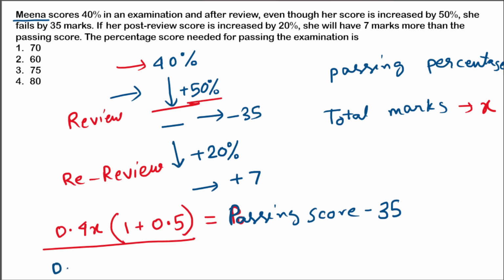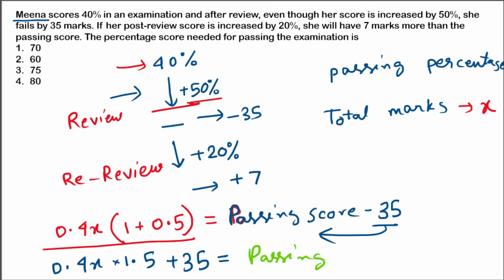So what is the passing score? First of all, 0.4x into 1.5, and this 35 you take this way. So 0.4x into 1.5 plus 35 is equal to our passing score.